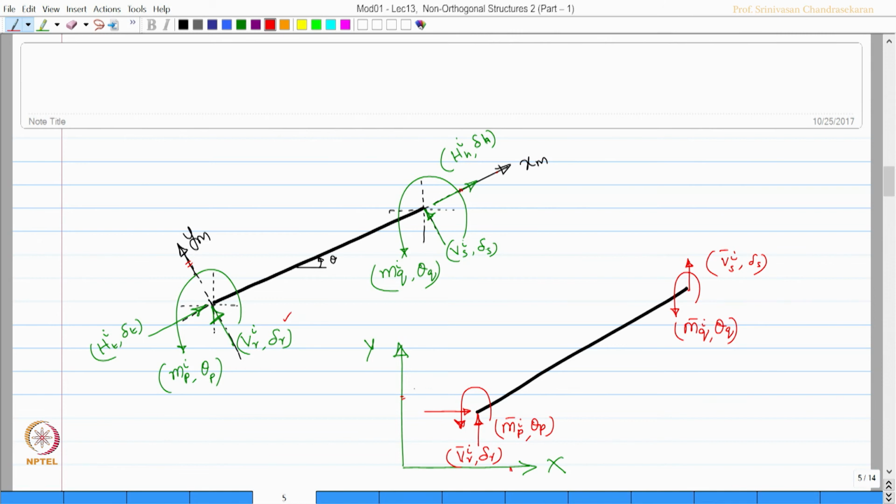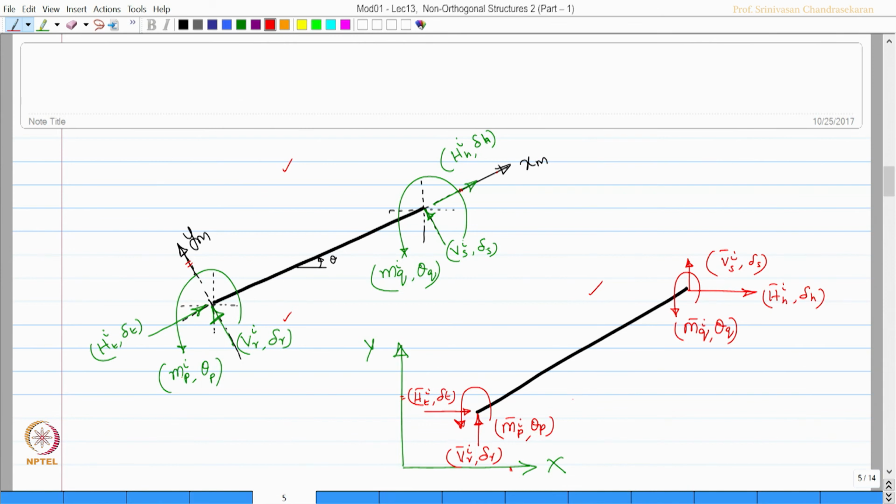So, this is going to be h t bar delta t, and this is going to be h h bar delta h. Okay. The difference between these two figures is the following: all degrees of freedom displacement translations are marked without a bar on the top, whereas there are bars in all. Here the degrees of freedom are marked along the x y plane, which is the reference axis. Okay. Now, I want to see how I can map this onto this, or the reference axis to the local axis. Let us do that.